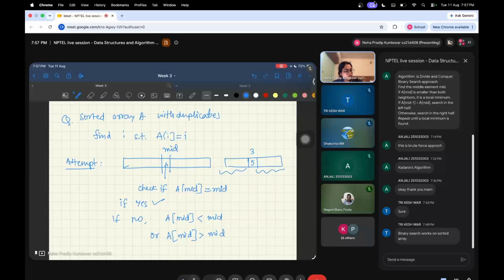Brute force would be to scan through the entire array. That will give you order n time. But yeah, I agree that binary search does not work. I don't know if you can do better than order n, but if someone has any ideas, then feel free to share.